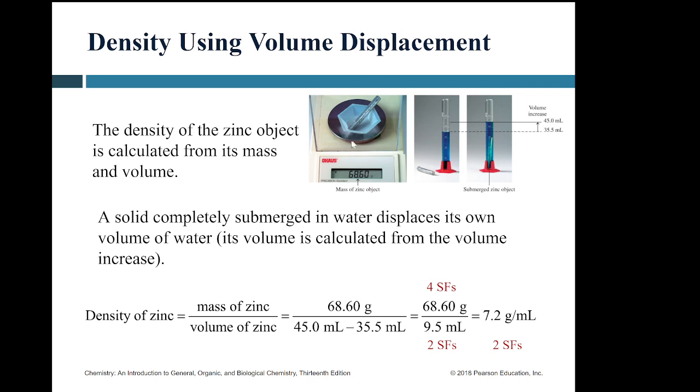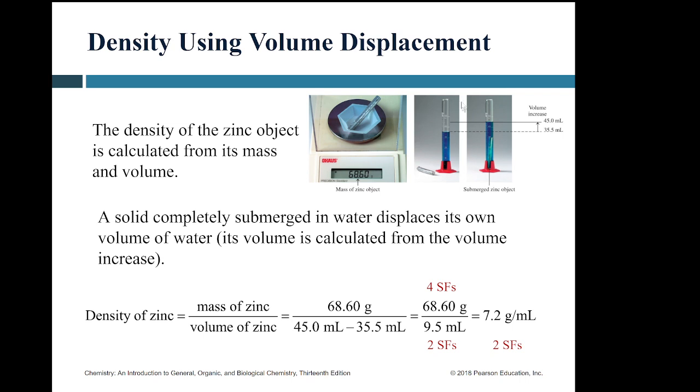Anyways, you measure the mass of the zinc. You then measure the volume. Now, when you have an object that has lots of pits in it and a weird shape, it's not always easy to measure that with a tape measure, right? And so what you can do is use volume displacement. So we fill up an object like a graduated cylinder that can accurately measure the volume of something, okay?